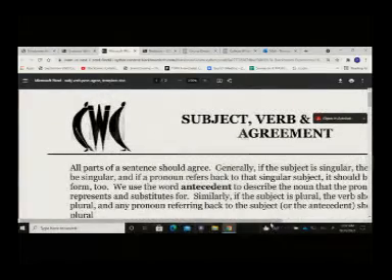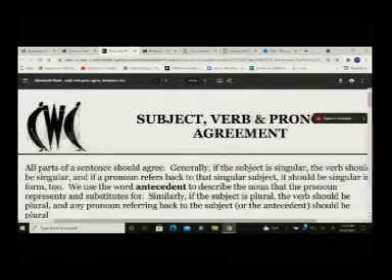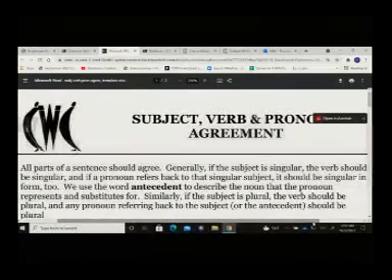Okay, so subject verb agreement, I like to think in my mind that this is the math of English. Everything has to be equal. And when you say that, what you're saying is, if the subject is singular, then the verb should be singular. And if a pronoun refers back to that singular subject, it should be singular in form too. So everything has to be singular.